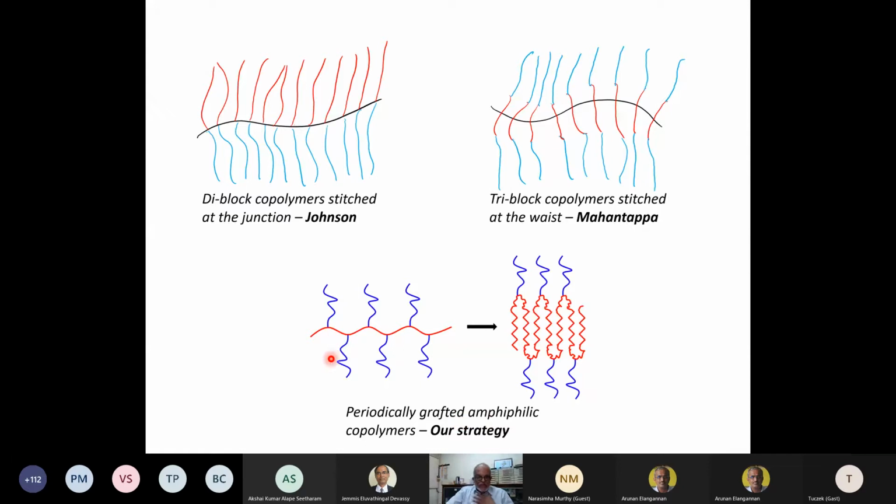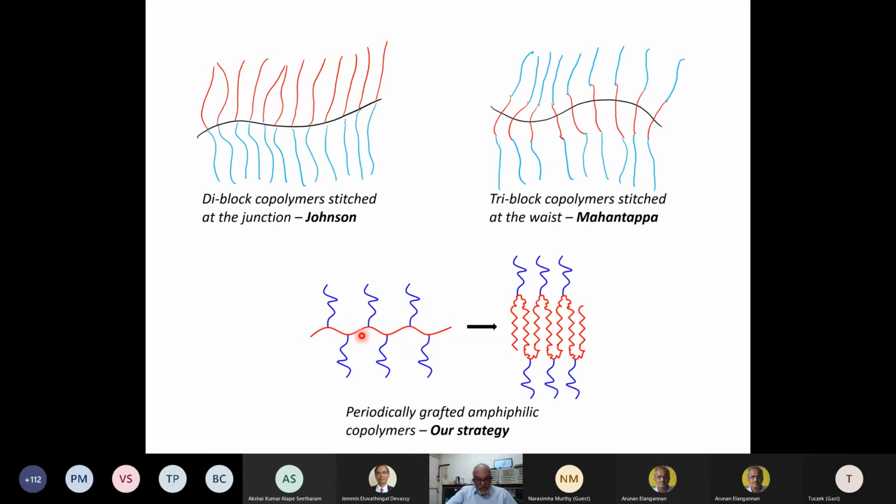What we have done in the last almost a decade now is to explore an alternate strategy where you have blue segments that are immiscible with red segments periodically placed along a backbone. Periodicity is important. That means the contour length of the red segments between two adjacent blue segments is exactly the same.